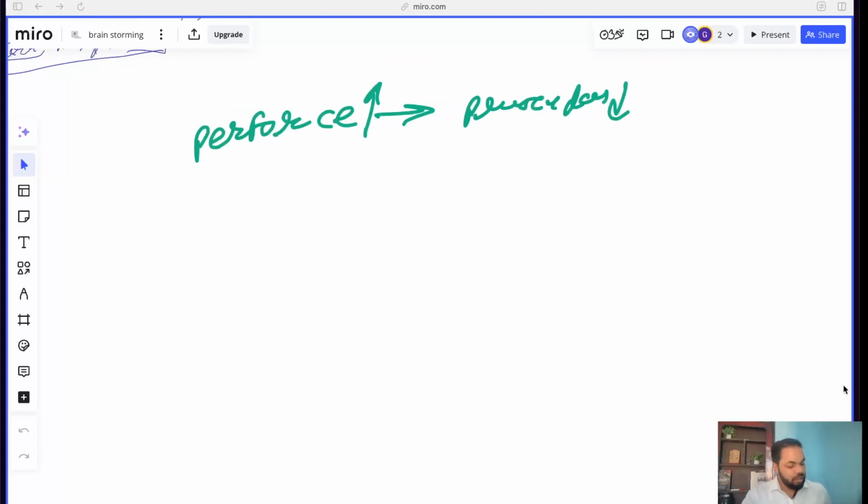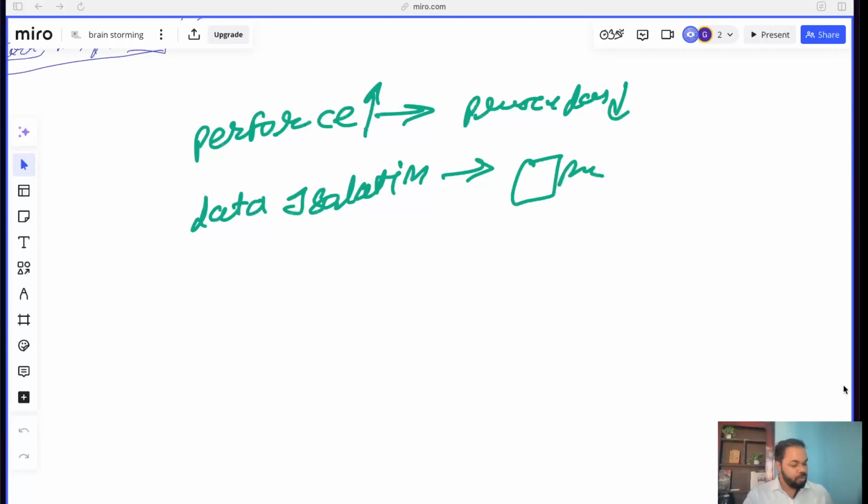Then data isolation. What is data isolation? Suppose some attacker is attacking your system and your backend got attacked, and the attacker is looking for just a specific data. Then only that particular partition is going to be affected.